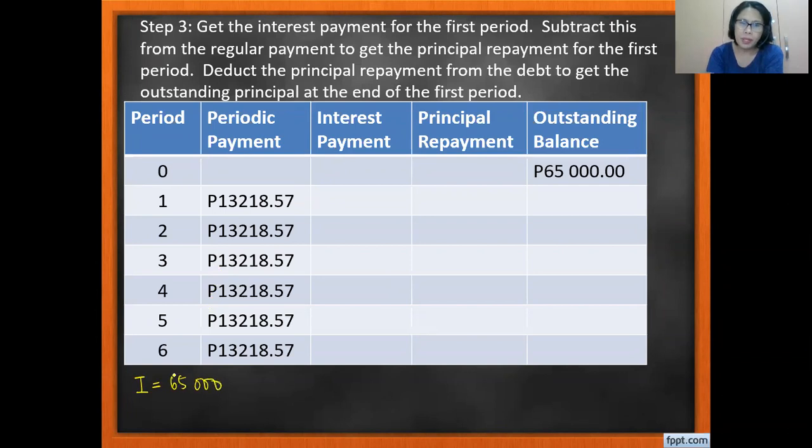So, we'll make use of the simple interest, no? This is I equals PRT. So, the outstanding balance is the principal amount and then the rate. The rate has to be divided by 2 since semi-annual kasi siya. And this is an annual interest rate, right? So, how much again was the interest rate? Let's check.